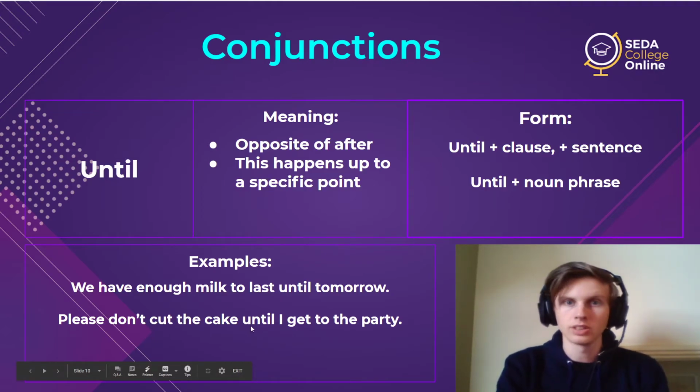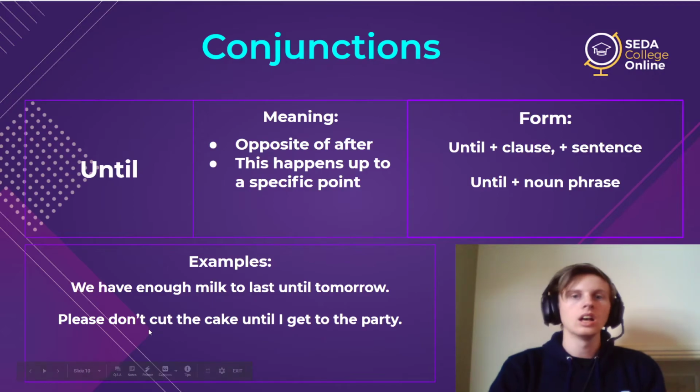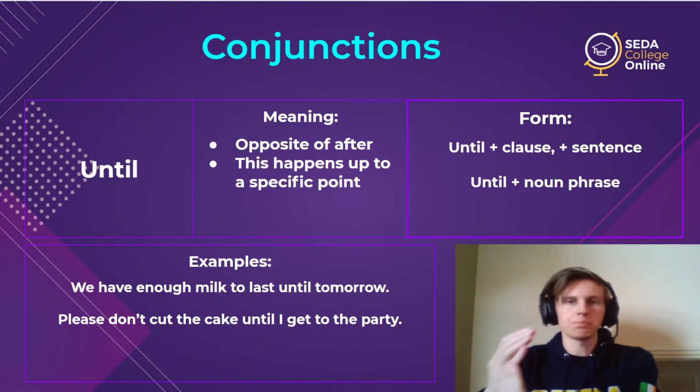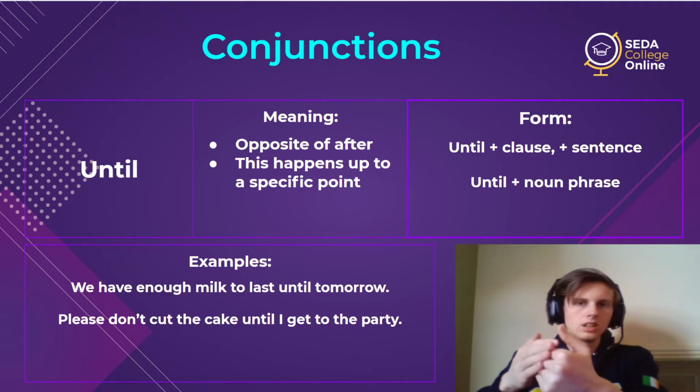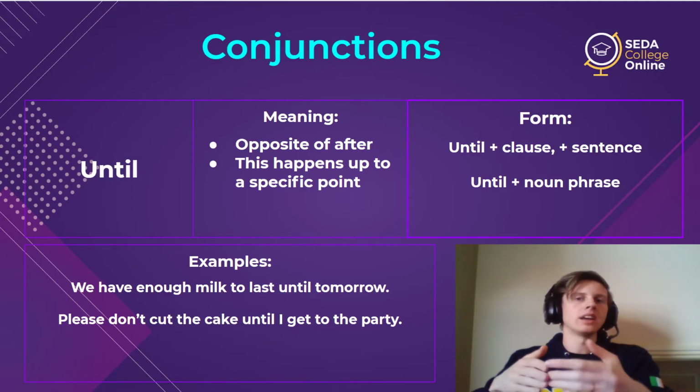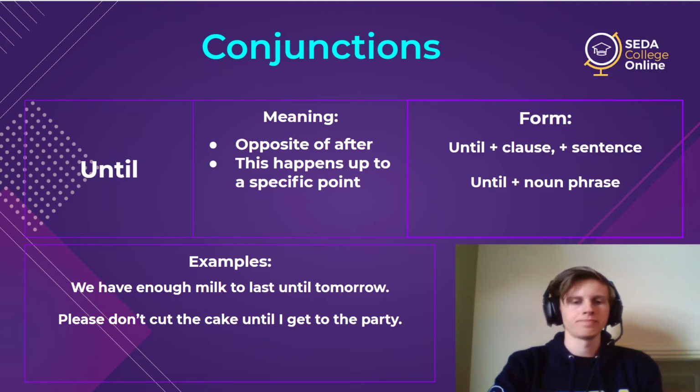It's connected with until. So once again, it's talking about this action. Please don't do this action until this other event happens. And then we change. We cut the cake. So, wait until I arrive, and then we can do it.